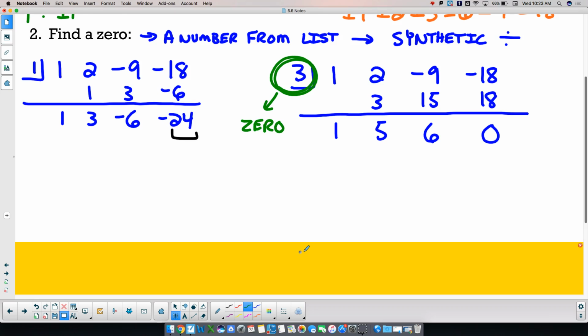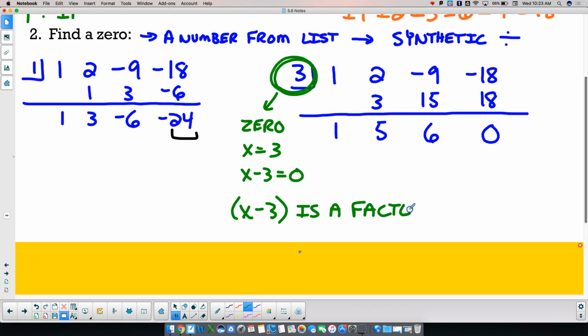X minus 3 is the factor. Because if I work my way backward, I would say that x here was equal to 3. So then x minus 3 would be equal to 0. So then x minus 3 is a factor.